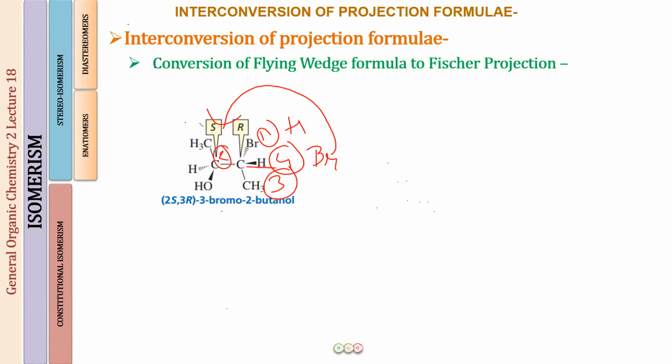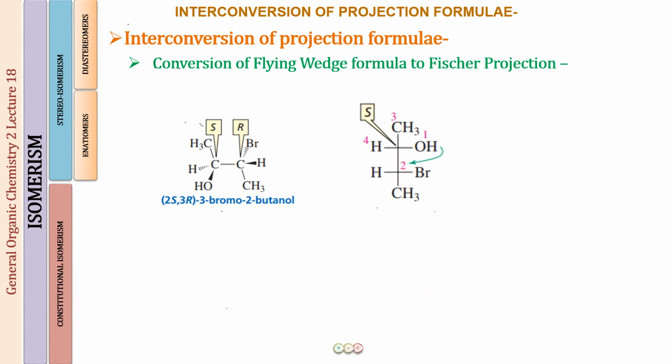Because we have done one interchange of groups, the configuration is going to be opposite the direction of the arrow, so we will be having an R configuration. Now, knowing the configuration and the priority order of the groups in the flying wedge, you can convert it into a Fisher. So how do we do that?